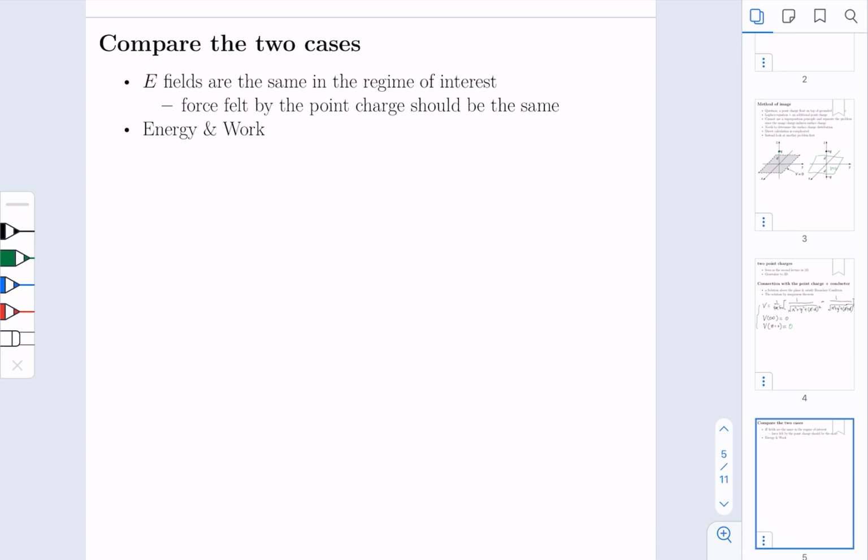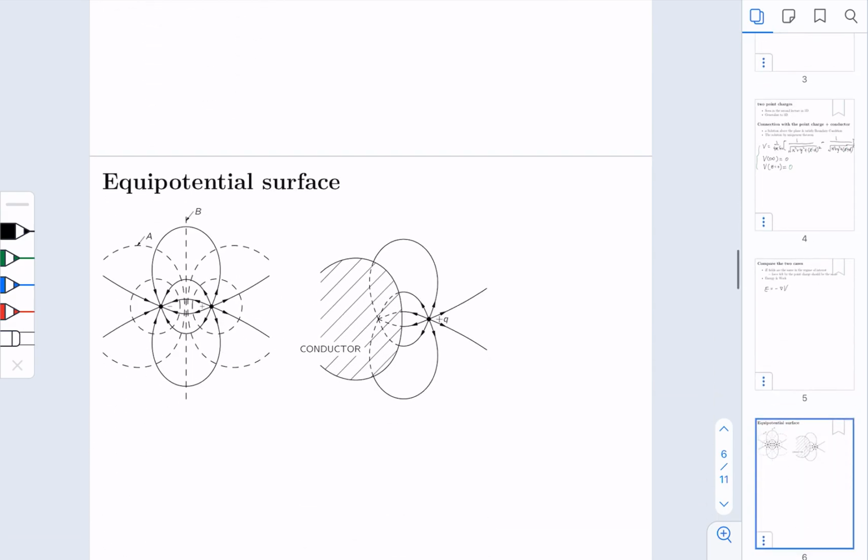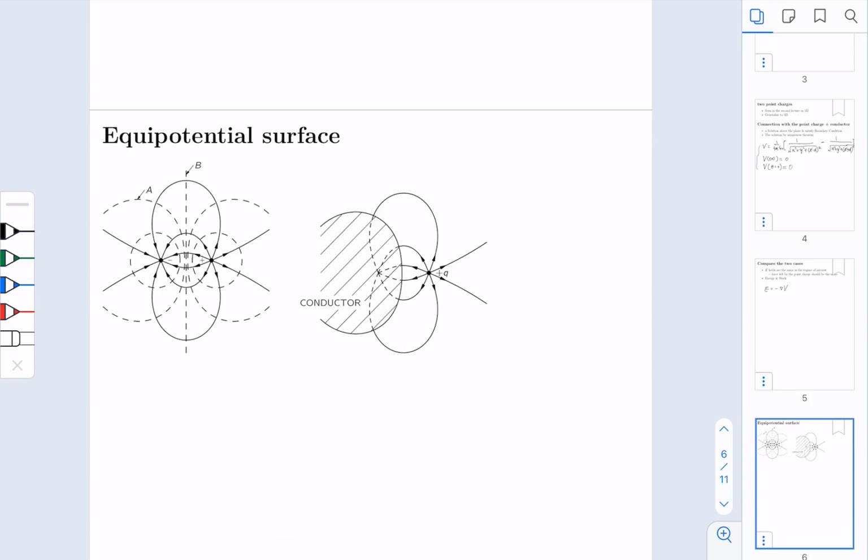If we look at the E field of the two cases, the E field is simply negative the gradient of the scalar potential, and you can actually check that the E field looks like something like here on the left.